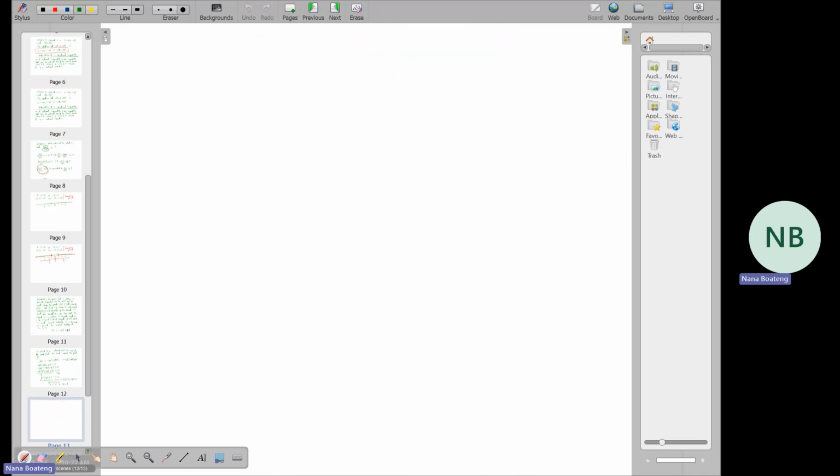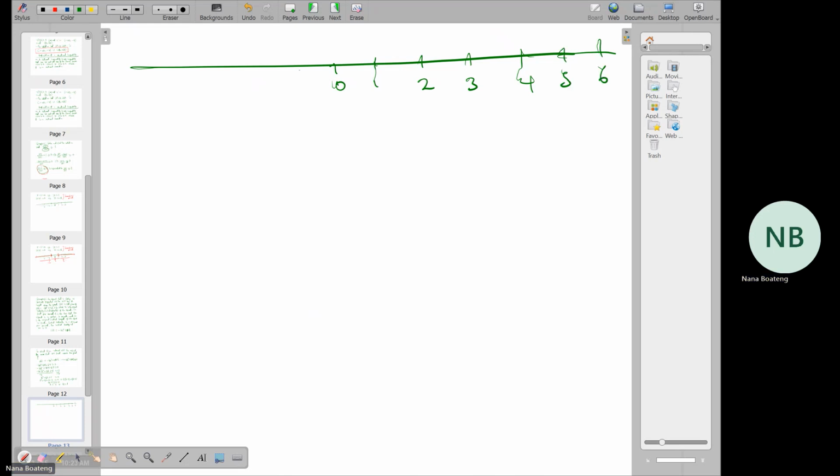So let's put this on a number line. This is 0, 1, 2, 3, 4, 5, 6, and negative 1, negative 2, negative 3. Our boundary points are 1 and 4.